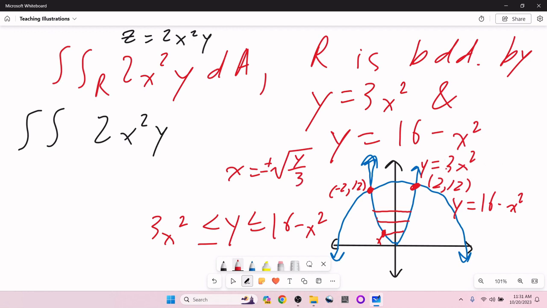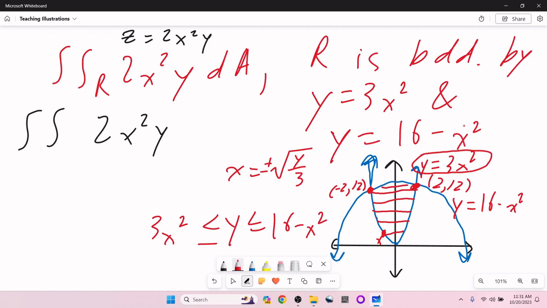That is, I just solved this equation, divided by 3 on both sides, and took the plus or minus square root. So x would have to go from negative square root of y over 3 to positive square root of y over 3. But then I'd hit this top part, and then I'd have to switch.